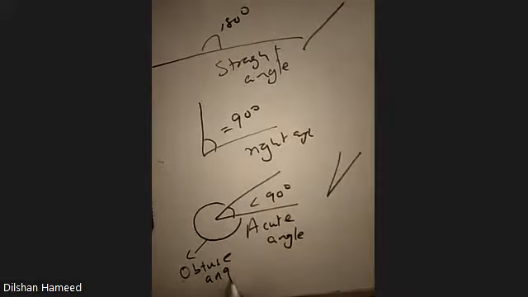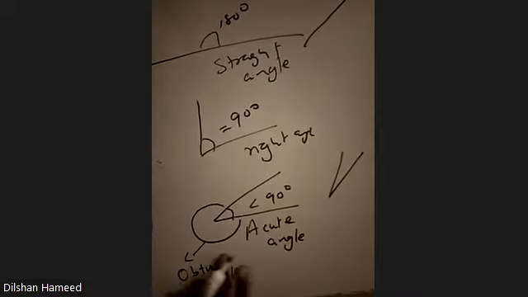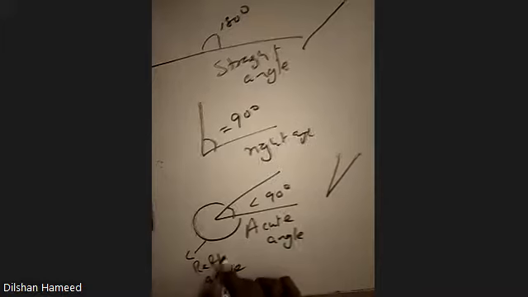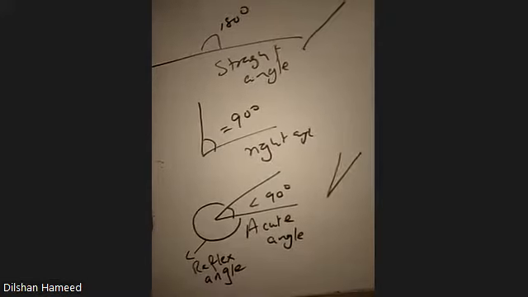Sorry, the bigger part you call it reflex angle. I'm sorry, reflex angle. This bigger part is called reflex angle. The smaller part is called obtuse angle.